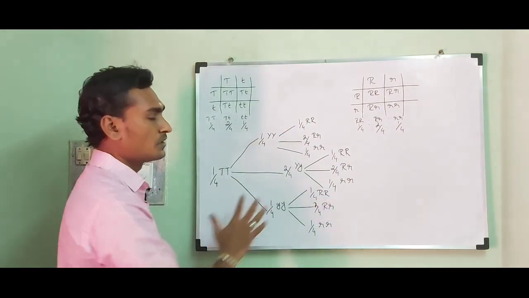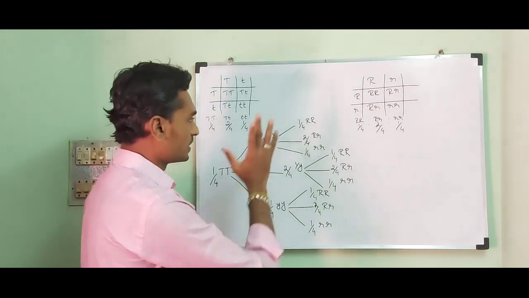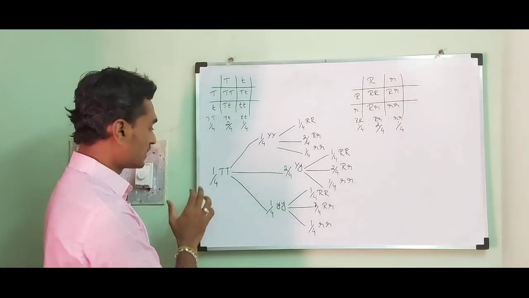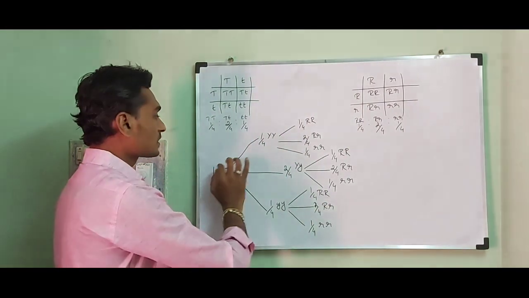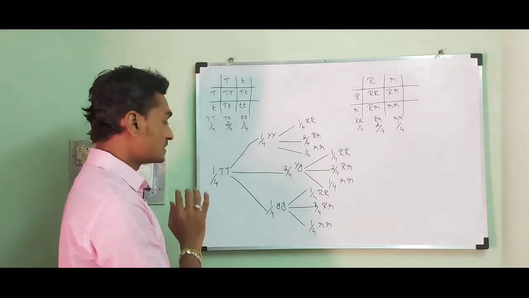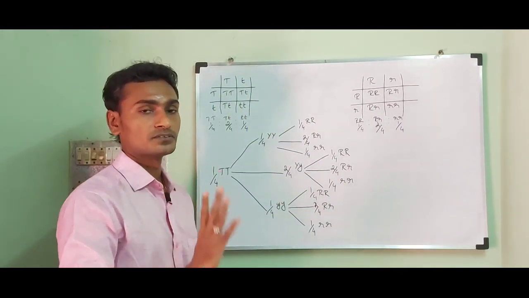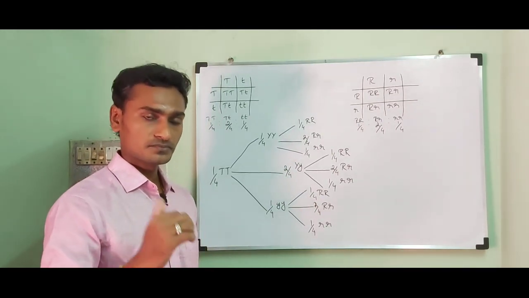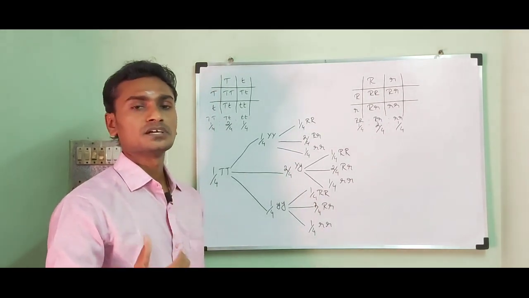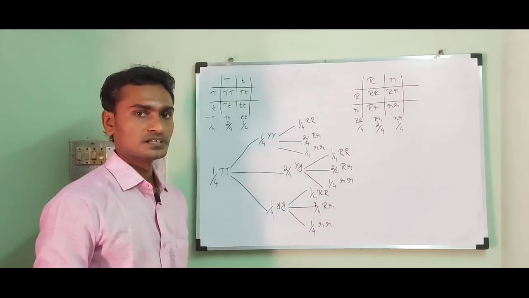After this, we have to multiply the values along each Forkline pathway to get the F2 offspring's probability of phenotypic and genotypic ratio.